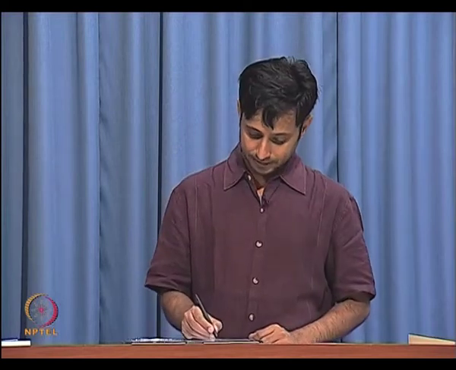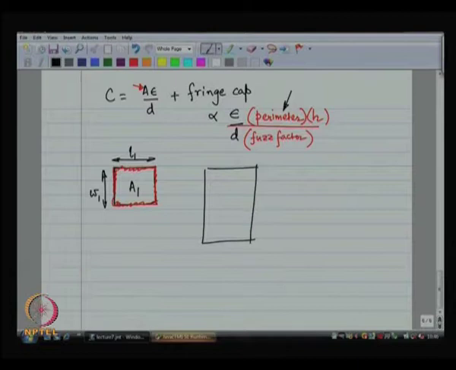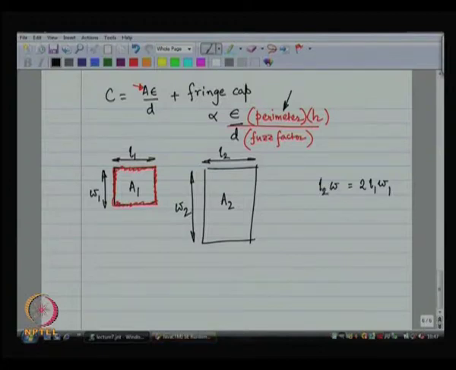So, if I have L 1 and W 1, then for the second one this is the area relationship.